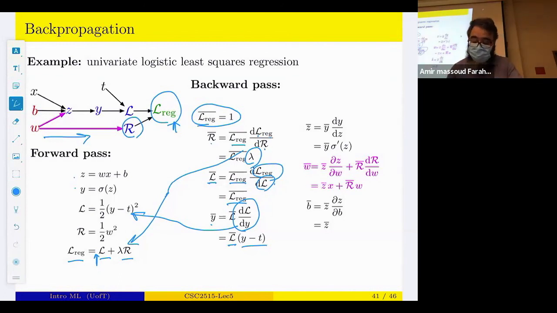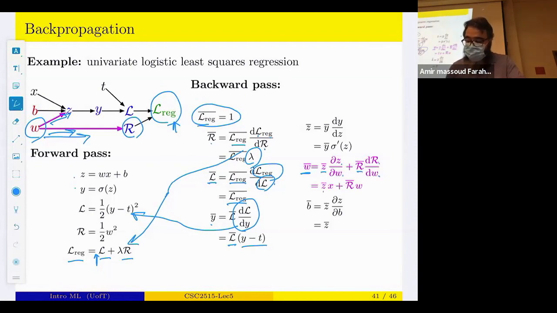And then we can continue the same thing until, for example, we get to computing the derivative of L reg with respect to w. So here, there are two paths, one through z, one through R. So w bar becomes z bar times dz/dw plus R bar times dR/dw.